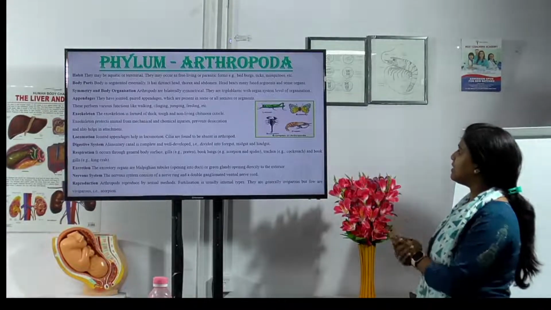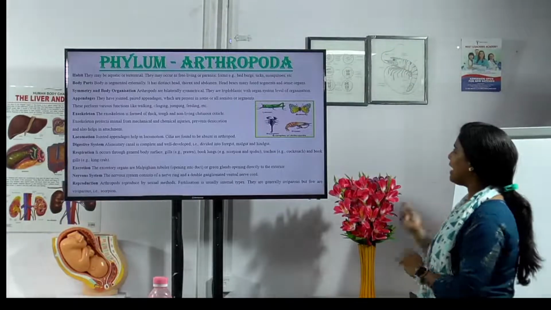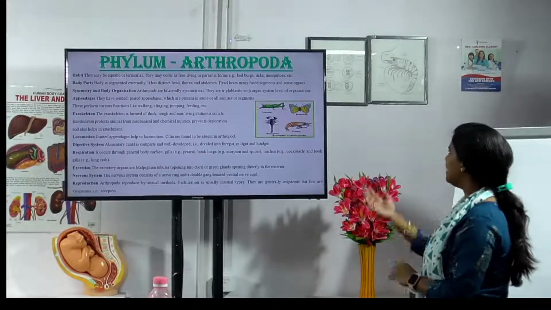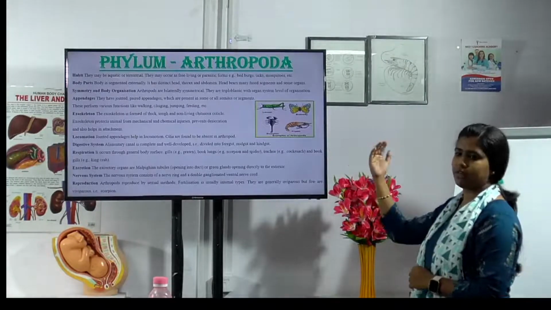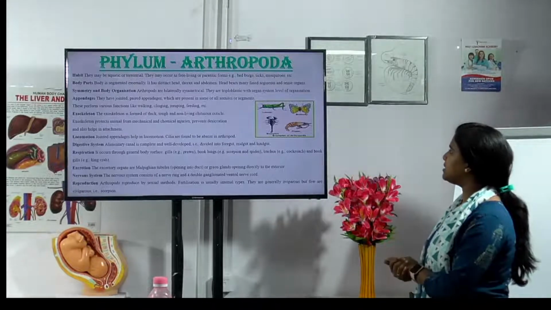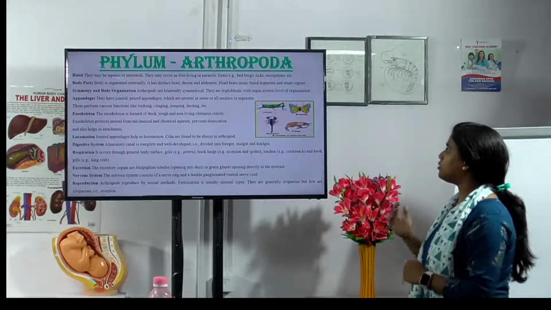Symmetry: they are bilaterally symmetrical and triploblastic with organ system level of organization. They have paired appendages present in some or all somites or segments.